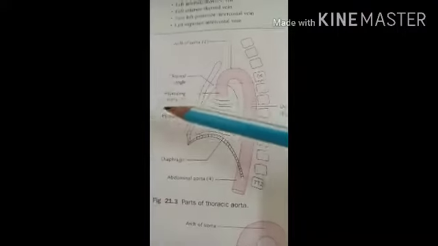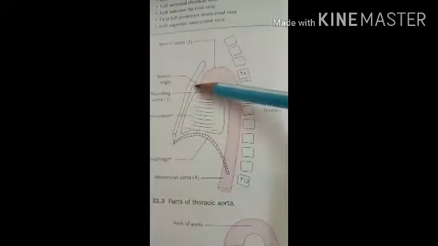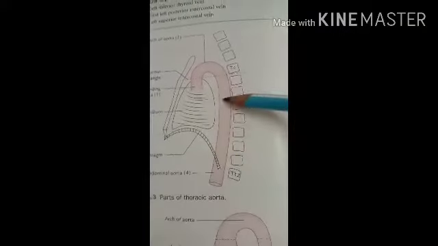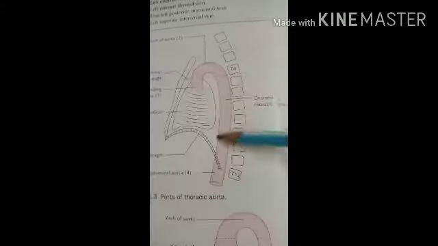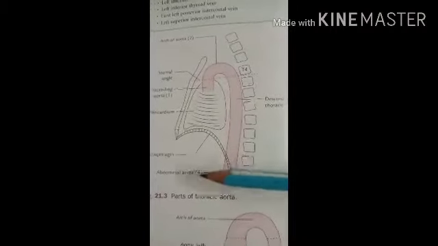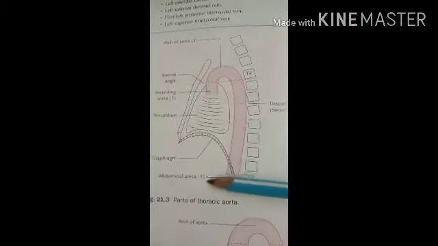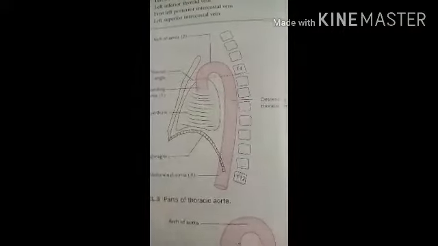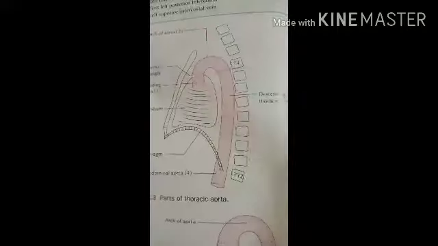So here you can see the ascending aorta, then this is the arch of the aorta, then the descending thoracic aorta, and as it enters into the abdominal cavity, it is called the abdominal aorta.